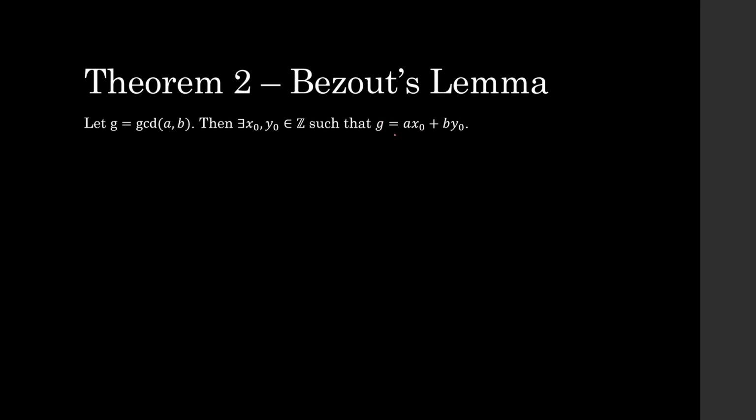That means there is a linear combination of a and b that is equal to the GCD of a and b. So this is where we're concretely linking the concept of divisibility with the concept of linear combinations. Intuitively we could see that those were related, but now we're actually going to concretely relate them together in this lemma, or theorem.